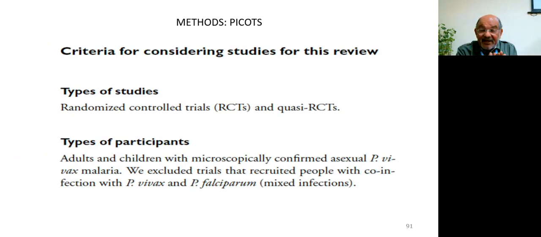We said we will take them in, because a lot of papers don't describe how they're randomized. So if we exclude them, then by excluding somebody who doesn't tell you how they randomized, you're biasing yourself. We will then assess each of the studies based on the risk of bias, but we will include them in the review. Participants were adults and children who have pure Vivax malaria.